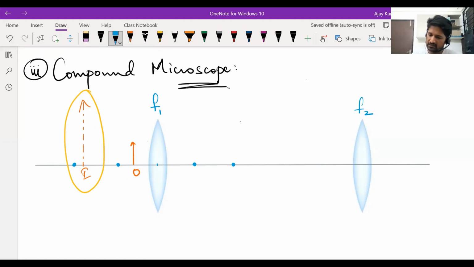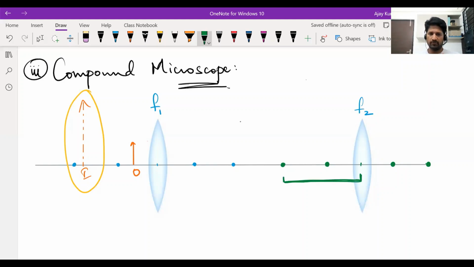See, for the second lens, I'll draw the focus in yellow or green, let's take. Let's say this is the focus of the second lens. And if that distance is f, then 2f may be somewhere here. On either side, I'm taking 2f. A converging lens can magnify only if the object lies within this range of distances.